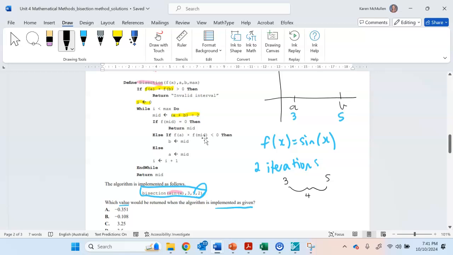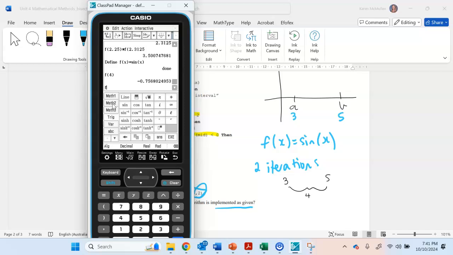Now, what this next part is saying, let's check where things go. f of a times f of your midpoint. So f of a, which in this case is 3, keeping the a on the left-hand side, times f of your midpoint, which is 4. And we get a negative value.